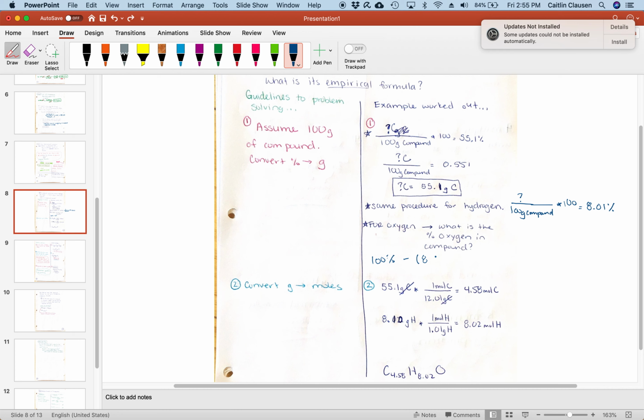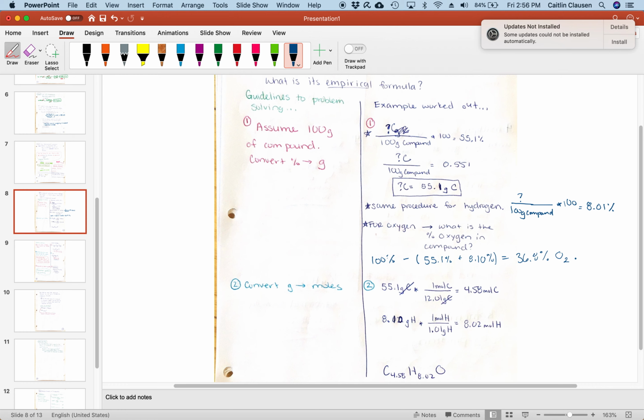So 100% of the compound, which is 55.1% plus 8.01%, hydrogen, oxygen.